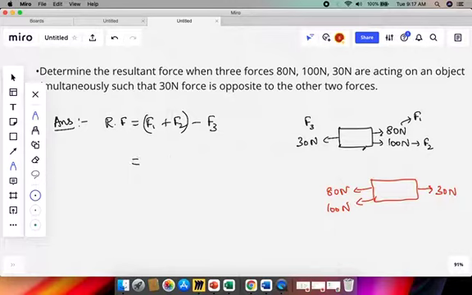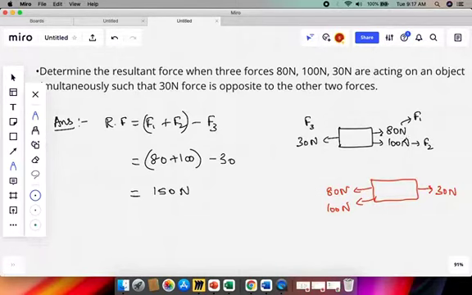So that will be equal to F1 plus F2, which is 80 plus 100, minus 30, that will be equal to 150 Newton. Now we have to mention the direction because force is a vector quantity. In order to determine the direction, we have to see which is the greater force.